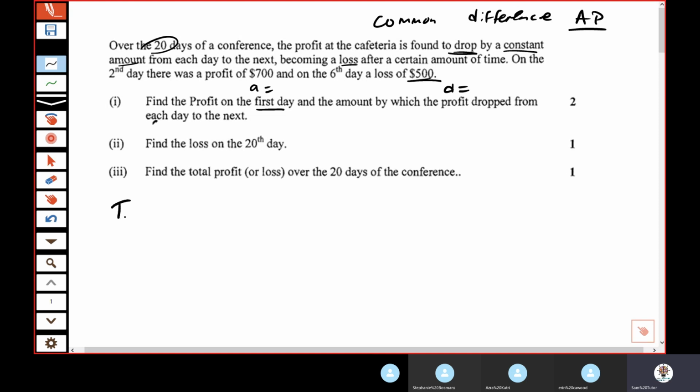So T2, the second term, was 700, whereas the sixth term was not 500, negative 500. It's a loss of 500. Please be careful with that.